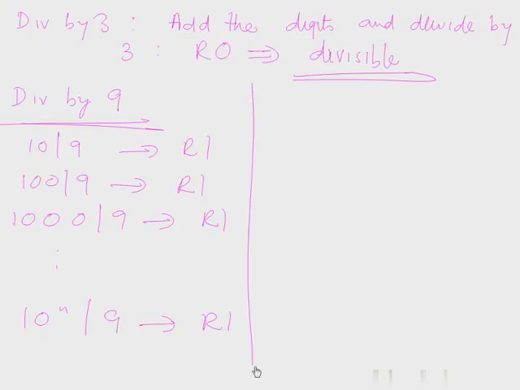So we are set. The same logic works here. The remainder when you divide any power of 10 by 9 is 1. So any number can be broken up into its tens, its hundreds, its thousands, and each of them will give that digit as the remainder. Let's look at an example.